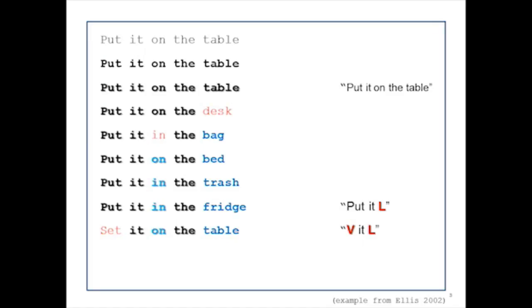Set it on the table. So apparently you can also interchange the actual action here, until you eventually get to metaphorical language use, such as "could you put me on the way to," which is the exact same thing, but in a metaphorical sense. So you end up with this construction of a verb, an object, and a location, which we use productively.